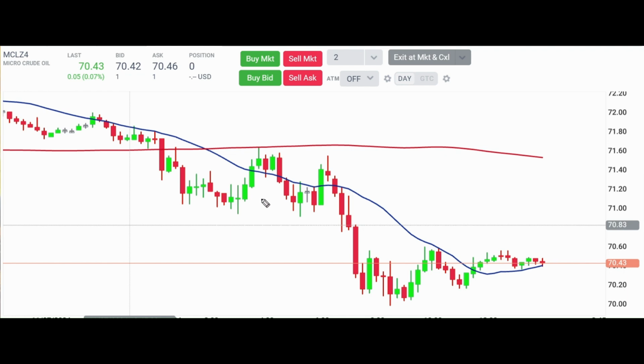In the morning here, well, what do we have here? As you can see, as we've trailed down from the 20, we come back up and we get rejected. Price gets rejected on this candle here. Here is your 200. This is coming very close off of the 200 and through here.